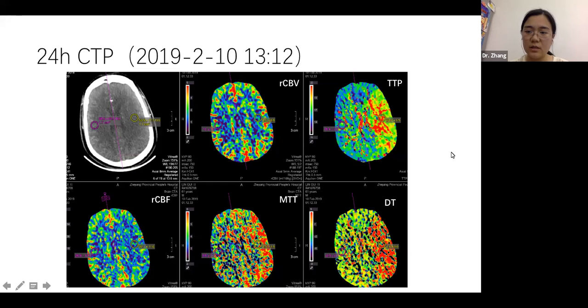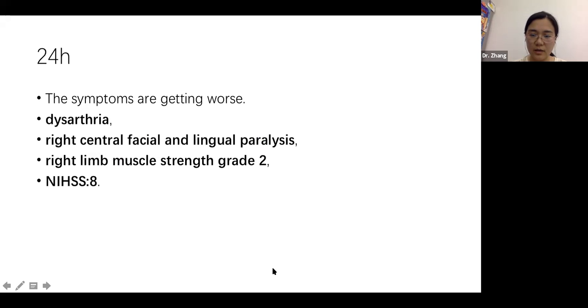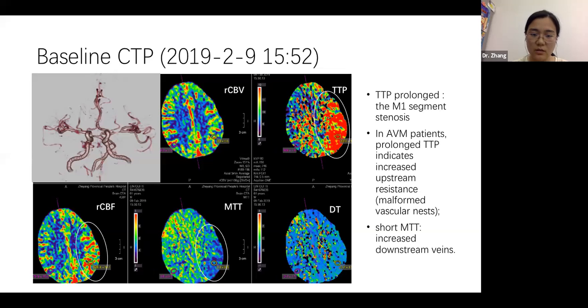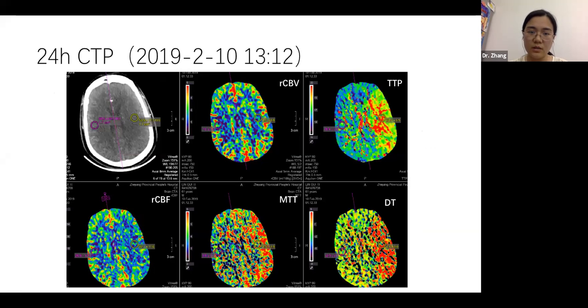Let's see, the TTP still increased in his left brain, but at this time, the MTT also increased. So at the beginning the MTT shortened, and we considered the shortened MTT as the increased downstream veins, but on the second day the MTT prolonged.